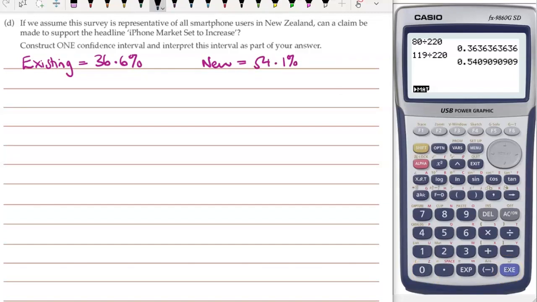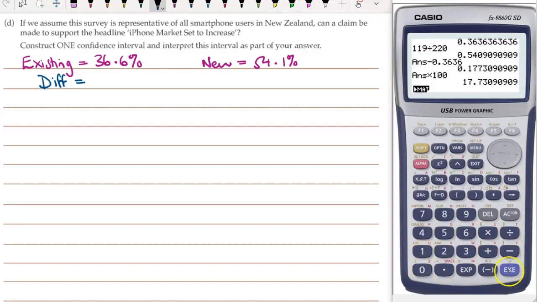Okay, so the difference, if we subtract them, is 17.7%. The margin of error on the difference is, we have got 2 independent groups. The existing group is independent to the new group.